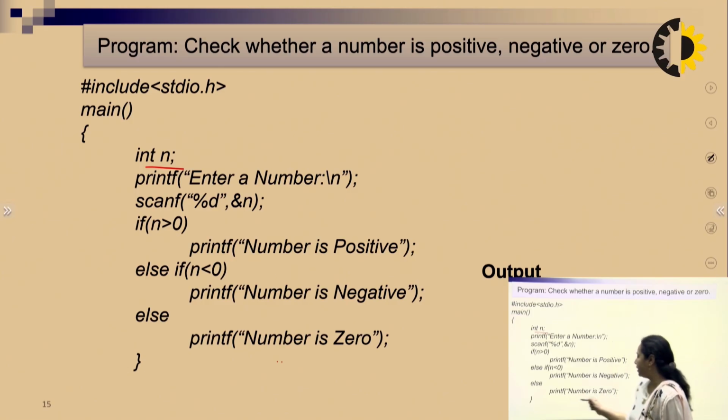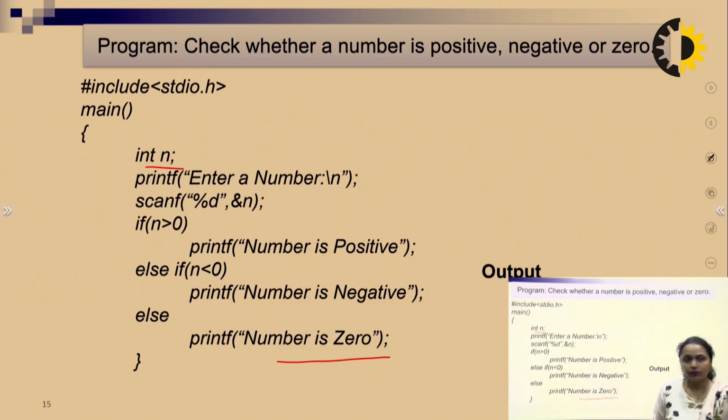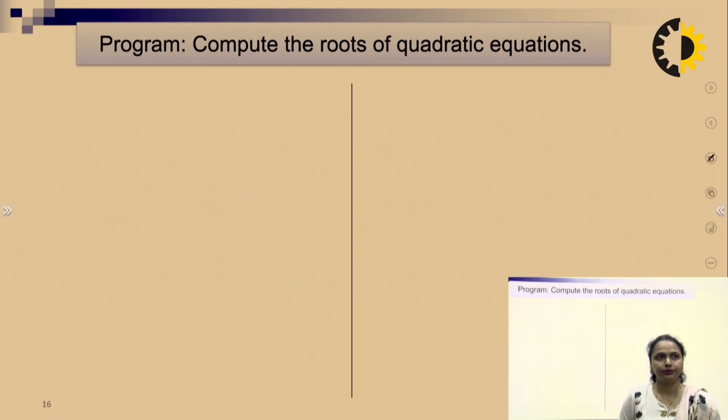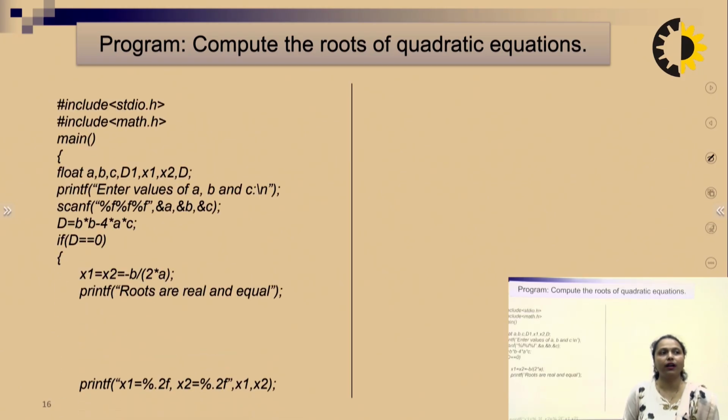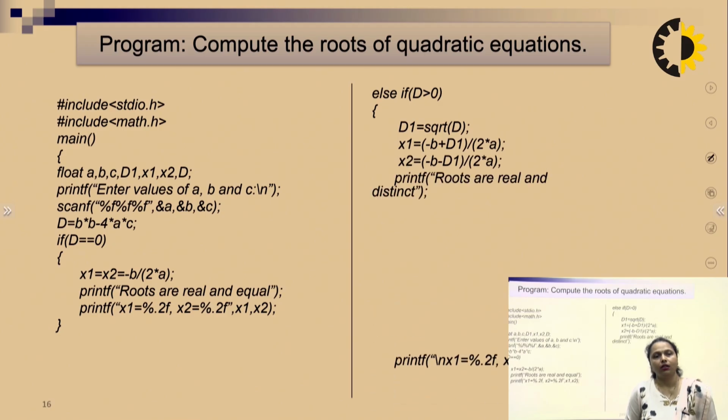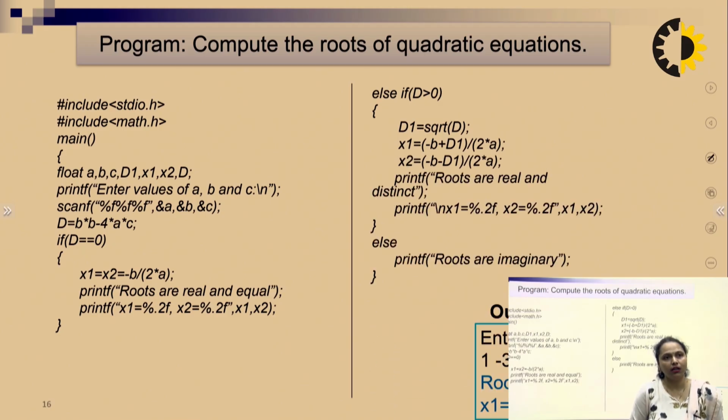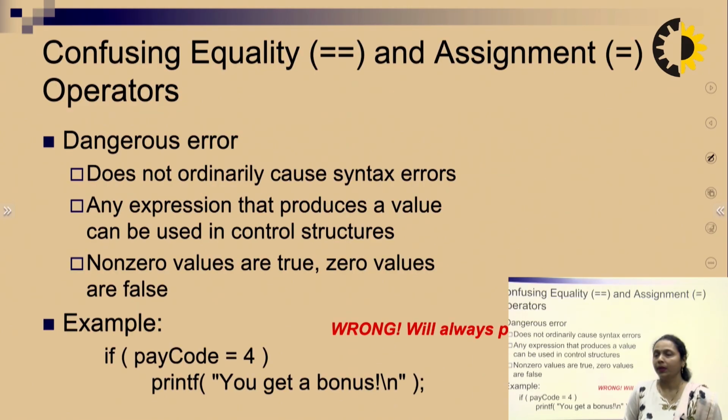So in the else part, 0 is written. All the conditions are specified with the if statement, and the remaining case is printed with the else part. In a similar way, we can compute the roots of a quadratic equation using the formula, using nested if else.